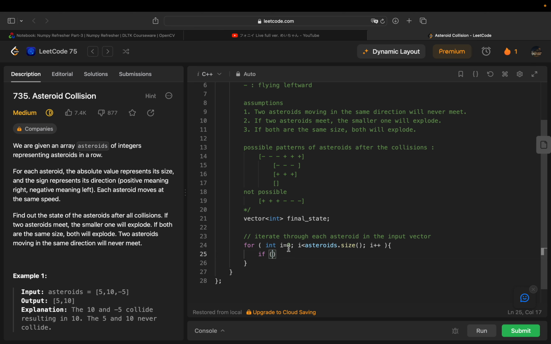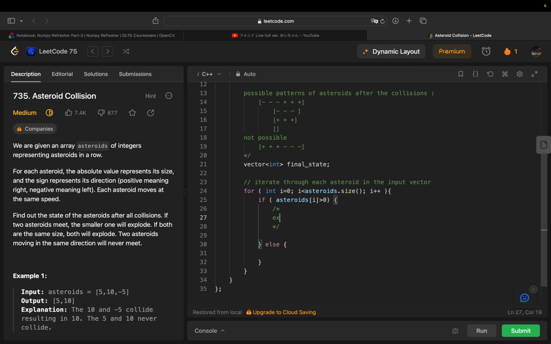First, if the asteroid is flying rightward, the existing state can be a state that ends with an asteroid flying leftward, or a state that ends with an asteroid flying rightward.